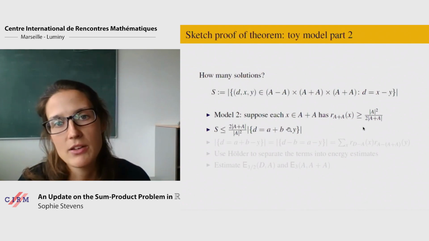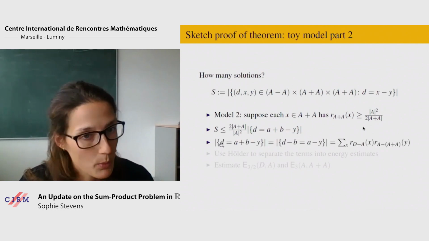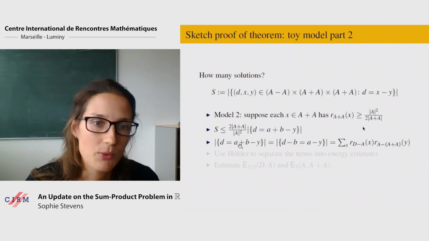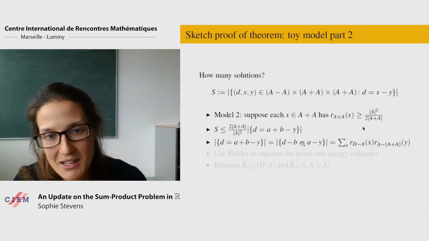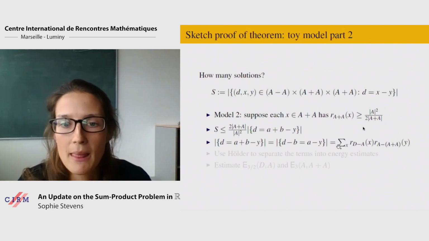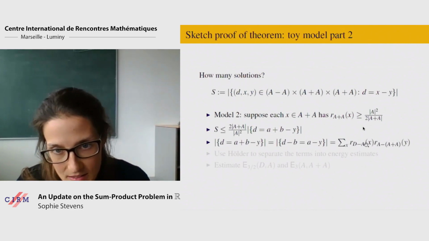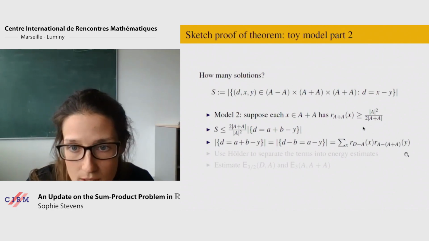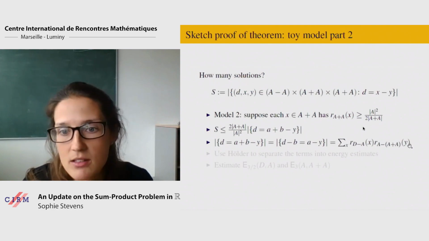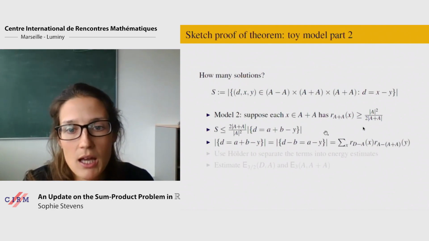And again, going from three to four variables is somehow helping us because we can write the number of solutions to d equals a plus b minus y. That's the number of solutions to d minus b equals a minus y, which we can rewrite in the representation formulation, and this y here should in fact be an x, so I apologize for that.